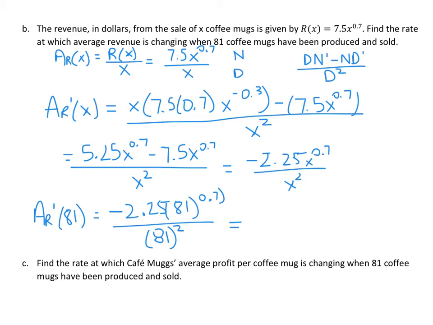Now when we simplify this, we get approximately a negative 0.0074. So in context of this problem, the rate at which average revenue is changing when 81 coffee mugs have been produced and sold would be a negative $0.0074 per mug.